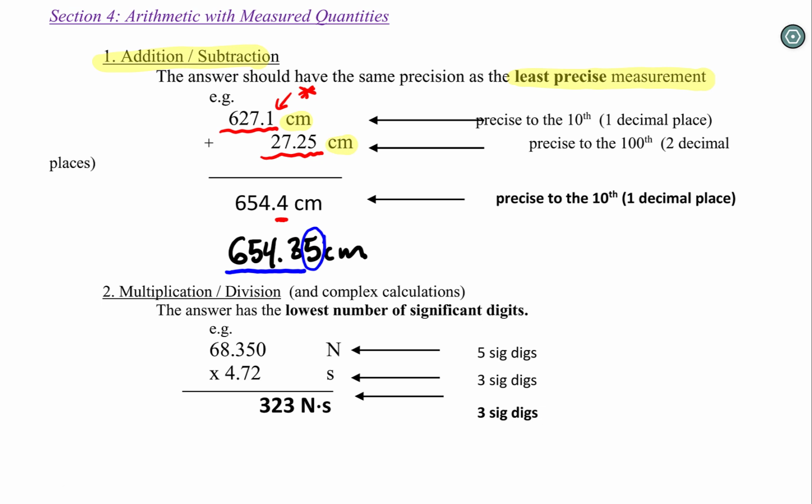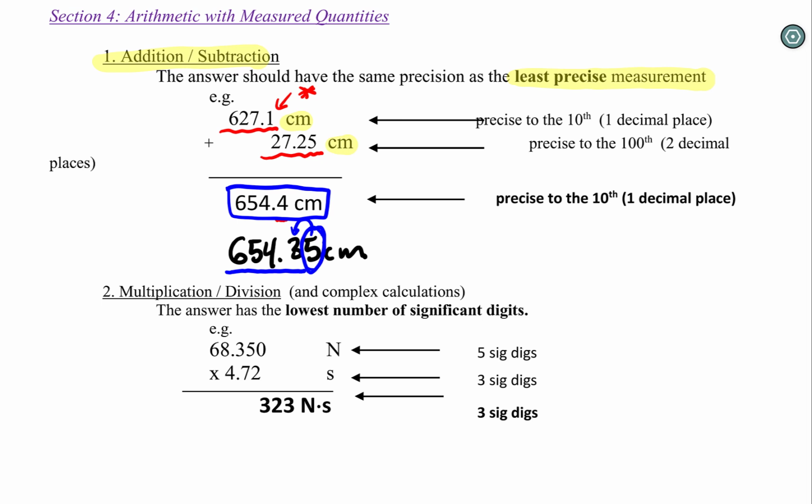So, because this is a 5 or larger, this would round that 3 up to a 4, which is what our final answer is. But if this number was instead a 4, it would stay as a 3. It would not round it up. So if this was a 0, 1, 2, 3, 4, it does not round up. If it's a 5, 6, 7, 8, 9, it does round up.